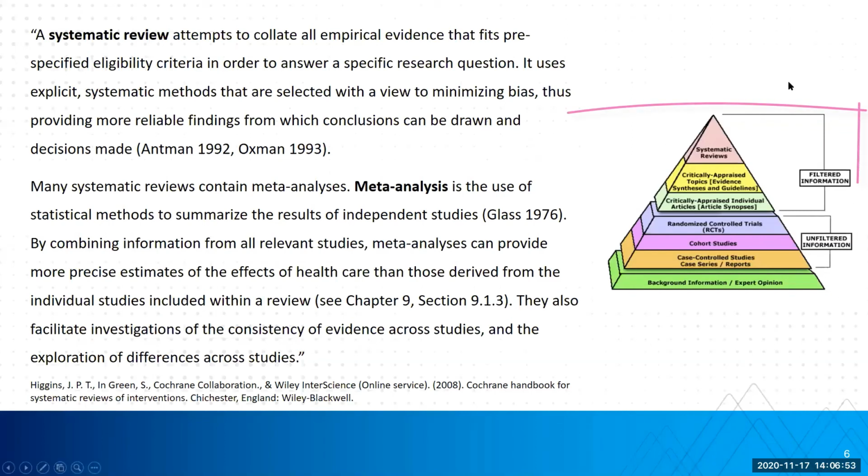And I like to put this evidence pyramid here when we talk about the definition of systematic reviews, because if we're familiar with the evidence pyramid, we know that we almost always put systematic reviews and meta-analyses at the top.